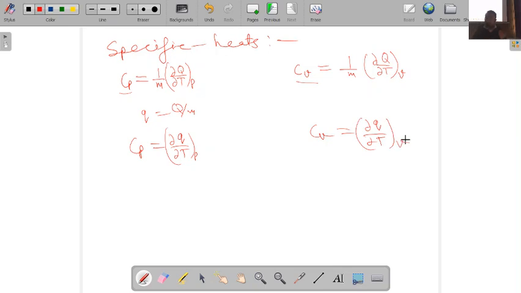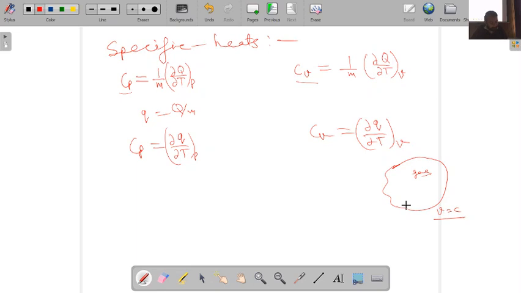Now if I take a quantity of any gas and heat it, what will happen? If I heat it at constant volume, I have to apply the first law of thermodynamics.